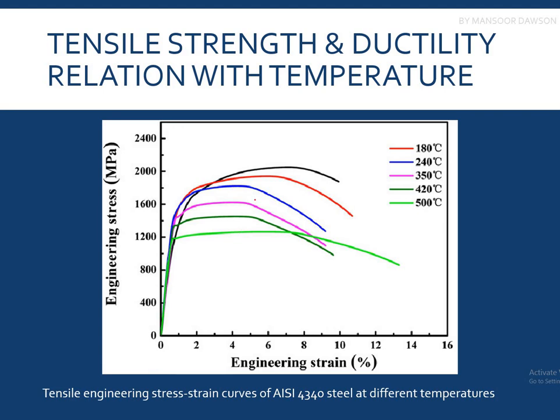The ultimate tensile strength of the specimen at 180 degrees is very high, but that of the specimen at 500 degrees centigrade is very low. So with increasing temperature, the ductility is increased, but the tensile strength is lowered.